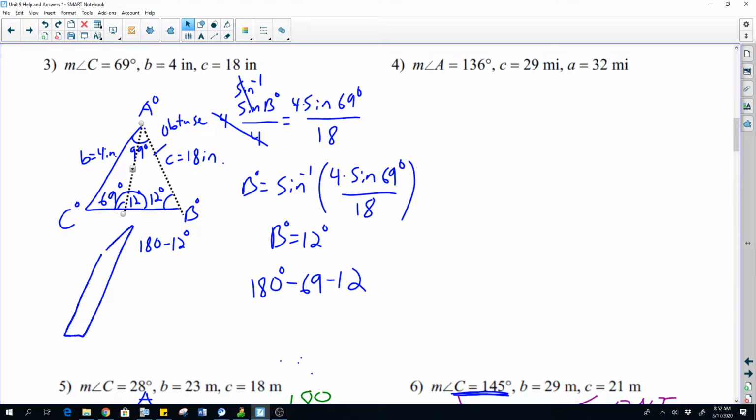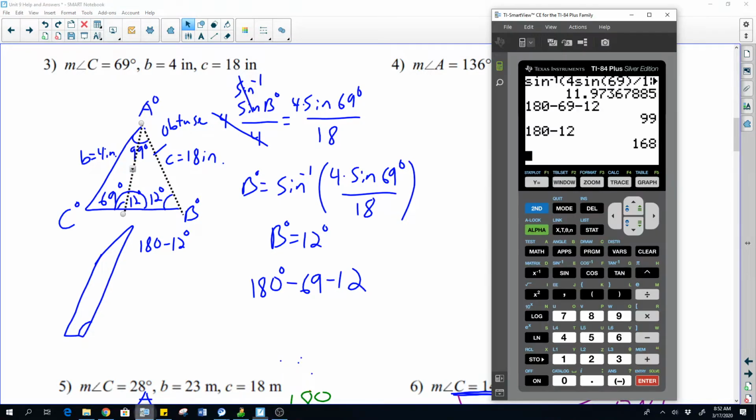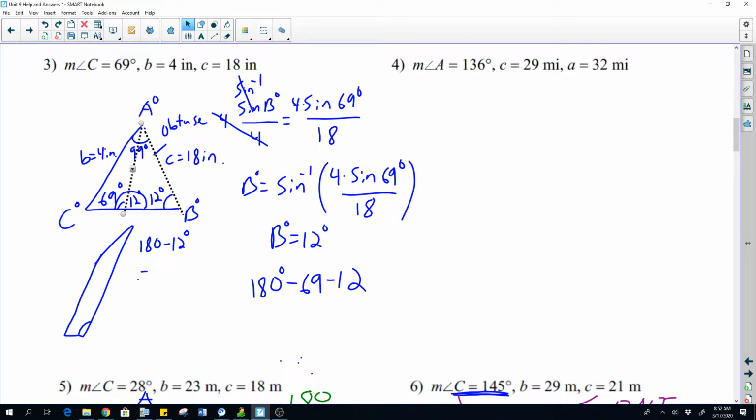So if this angle right here is 168 degrees, what does that tell us? Well, if that angle is 168 degrees, then this angle can't be what?